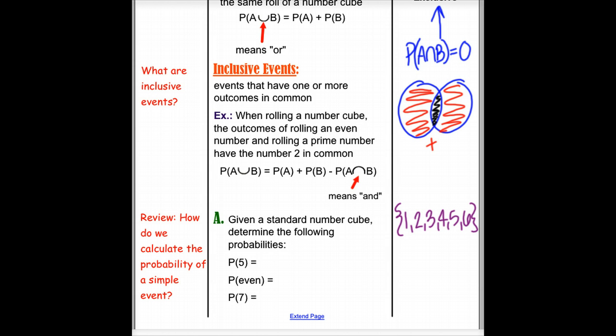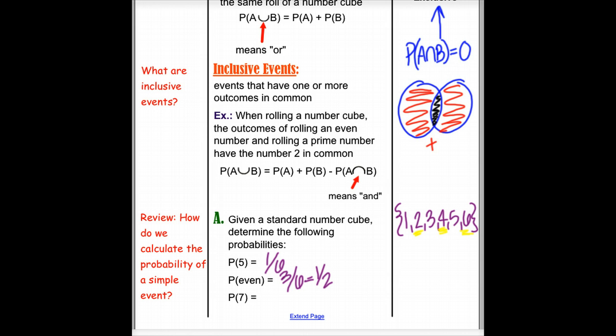The probability of rolling a 5: there's only one way to roll a 5, which means I have a probability of 1/6. When we talk even numbers, I've got 2, 4, and 6, which is 3 possible outcomes working for us out of 6 total outcomes, which we can simplify to half the time we should get an even number on a number cube.